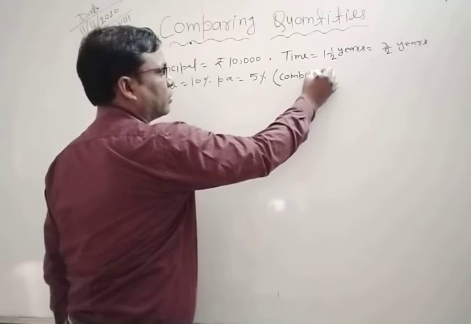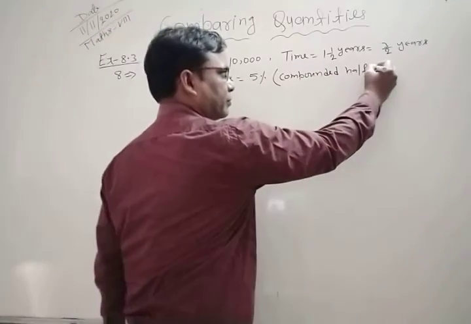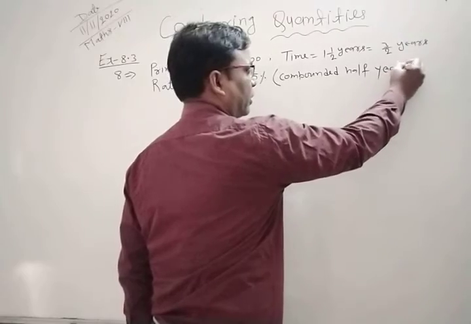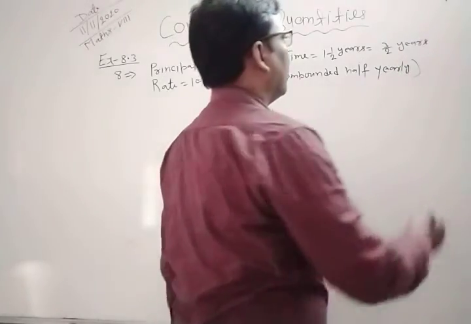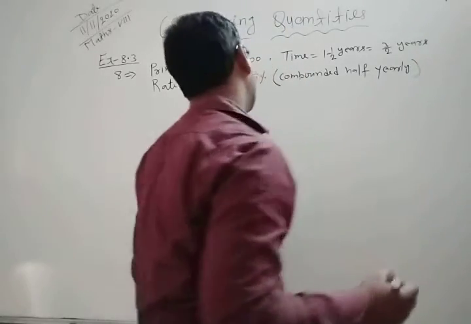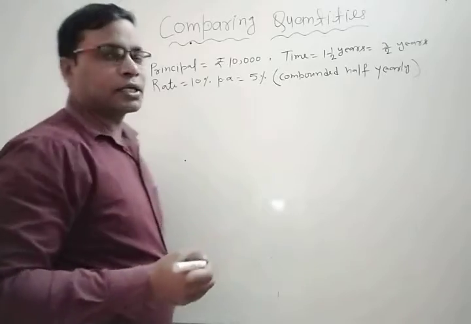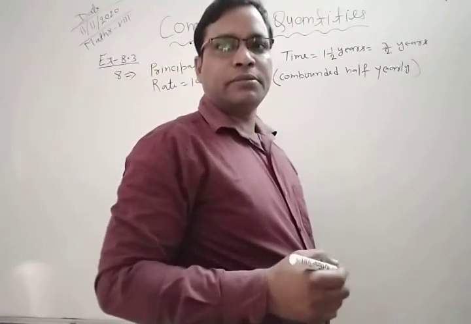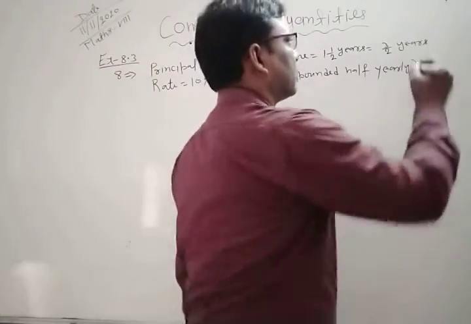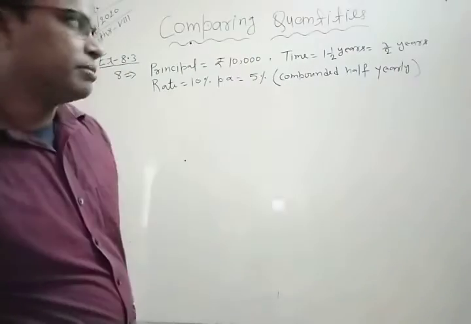Compounded half yearly. Okay, now time becomes what? Time also becomes, for compounded half yearly, 3 half years. We write here time becomes 3 half years.